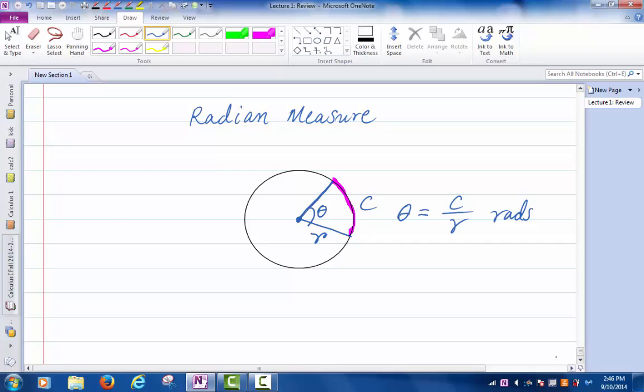We also know that one complete revolution is 360 degrees, right? So that means 2 pi radians is what? 360 degrees. And then what is pi radians? 180 degrees.